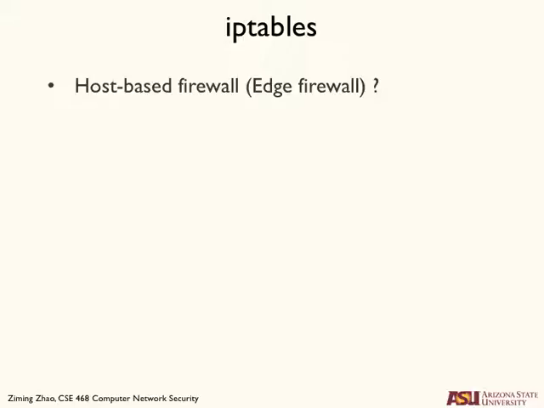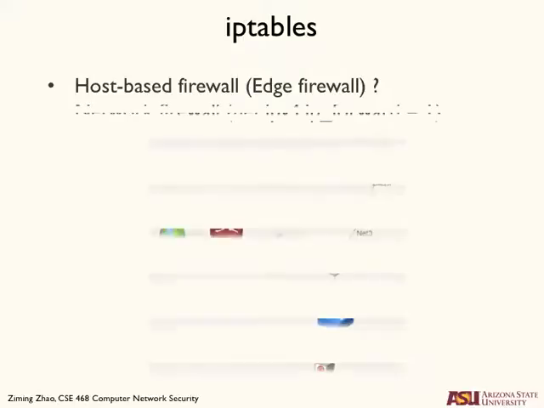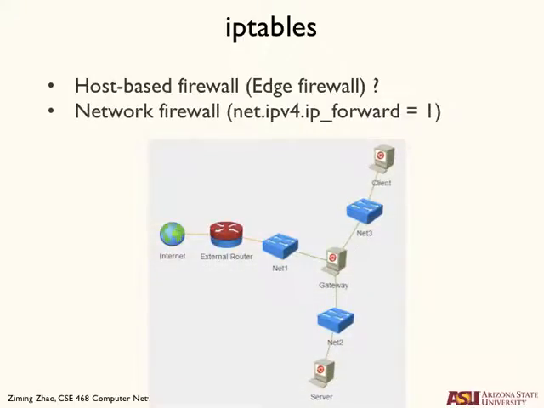So that's correct. Basically, it depends on how you use your Linux system. You can use it as a router. In NAT1, we had a network like this: a gateway which runs Ubuntu, a client and a server.